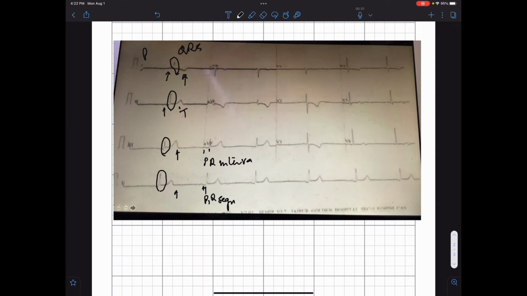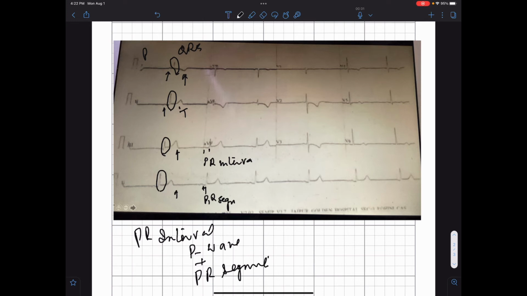Now what does it mean? If we see this interval, this is the PR interval. So the PR interval consists of a P wave plus the PR segment.